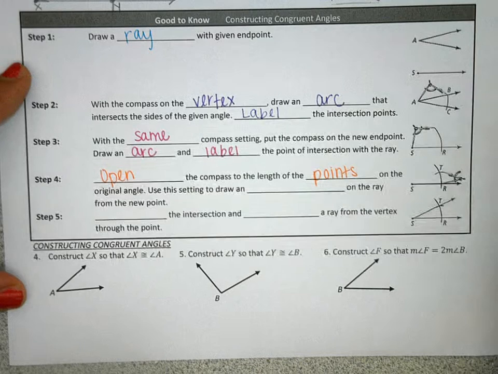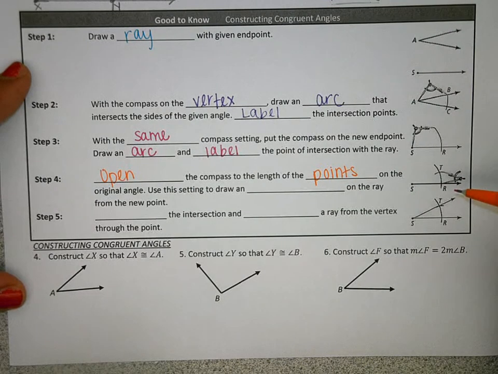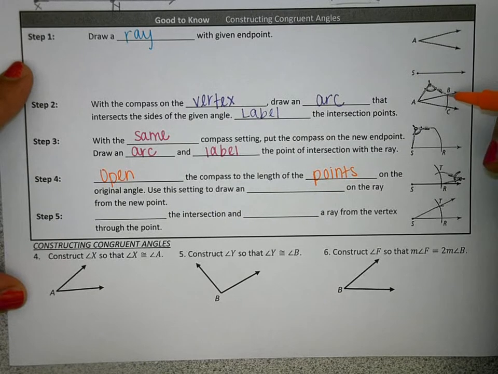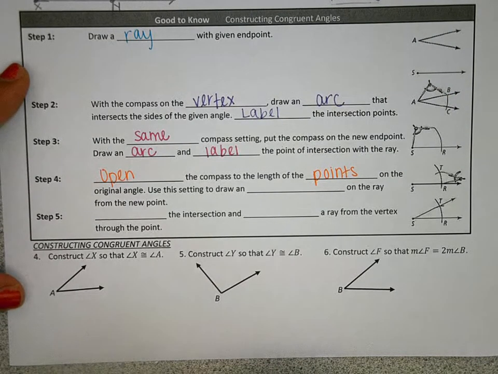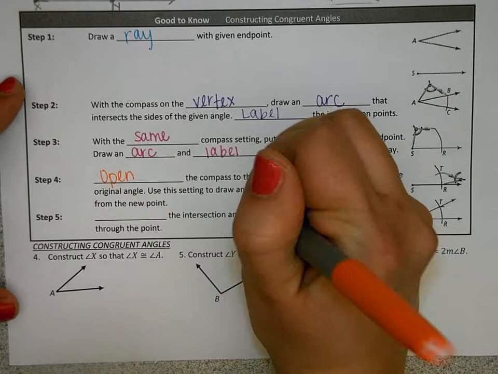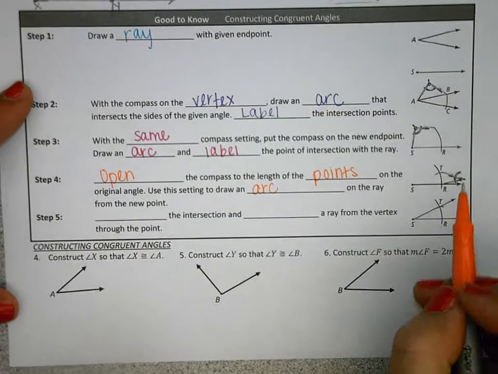If you look at the picture up here with AB, we're then going to open the compass so that it's this size, the amount in between the angles. We use that setting to draw an arc on the ray from the new point.